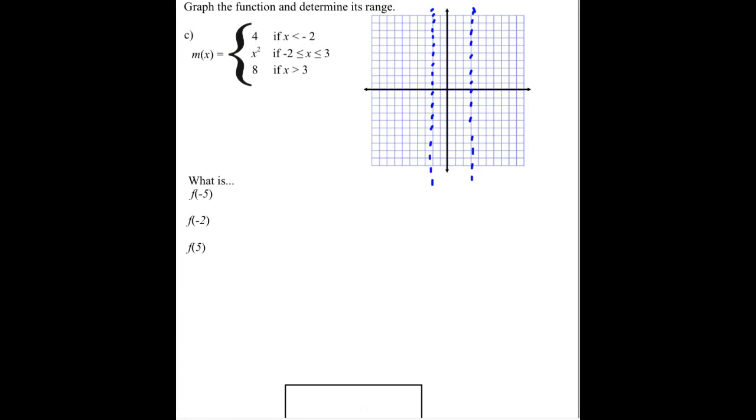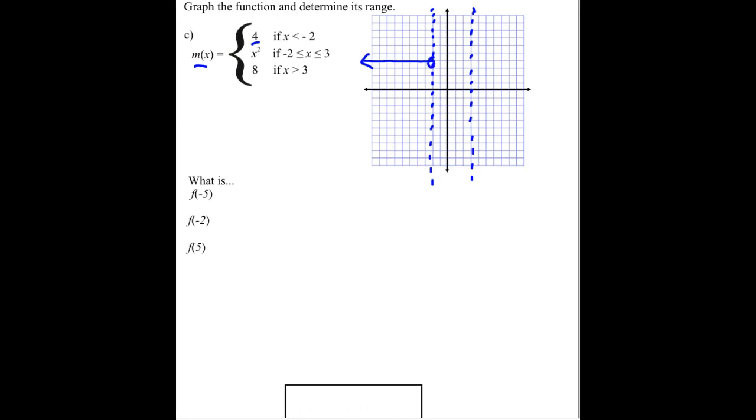So we'll just start on the left and work our way over. To graph y equals 4, we said it's just a horizontal line at 4. And I need to be over there on the leftmost chunk of my graph for x values that are less than -2. So what kind of dot do I put on the end of that? Open dot.